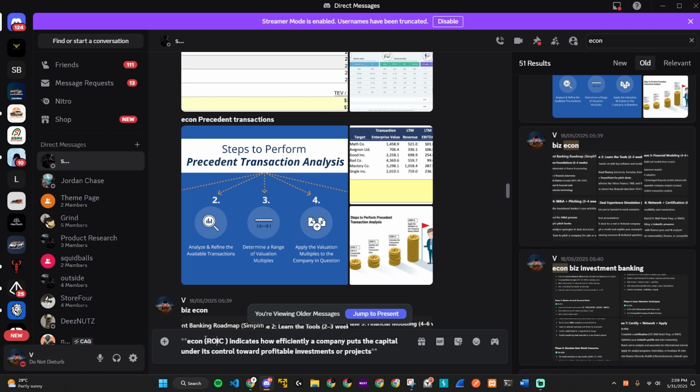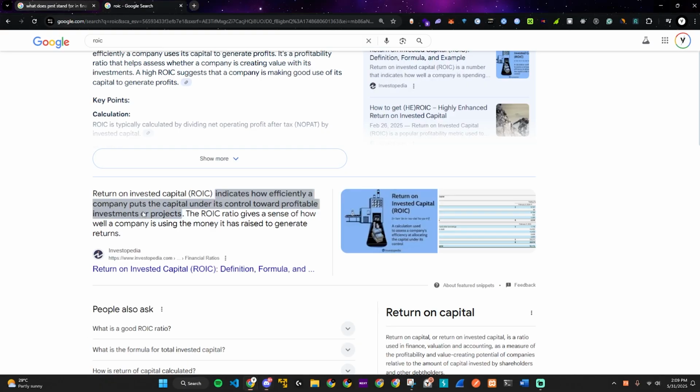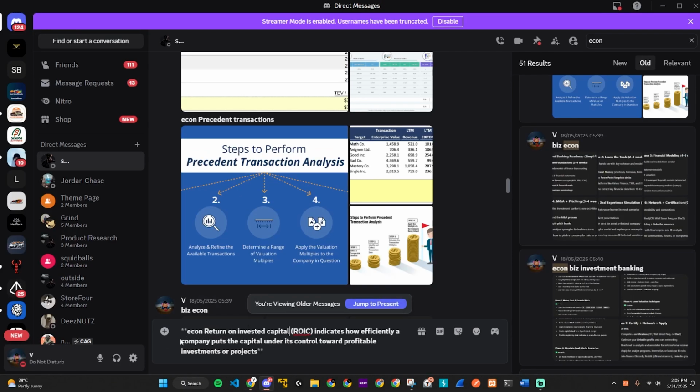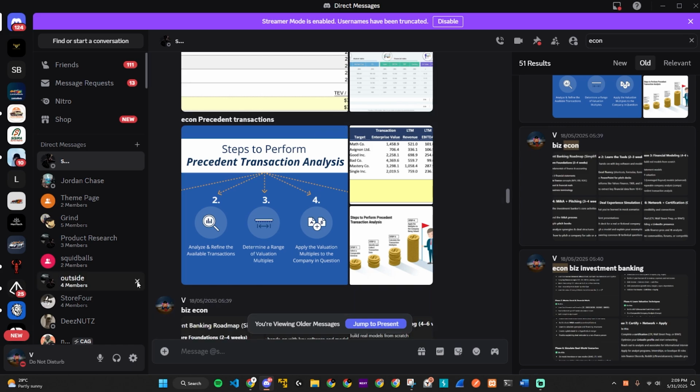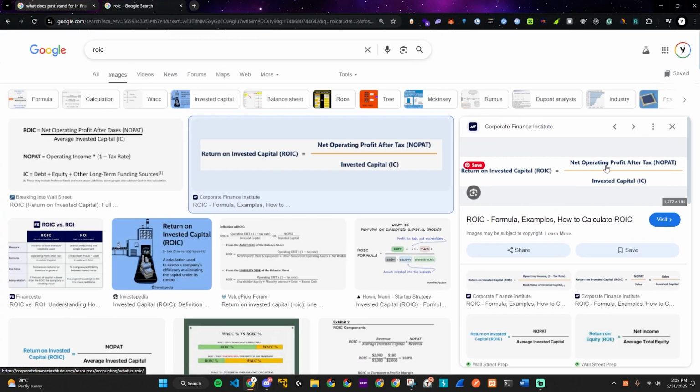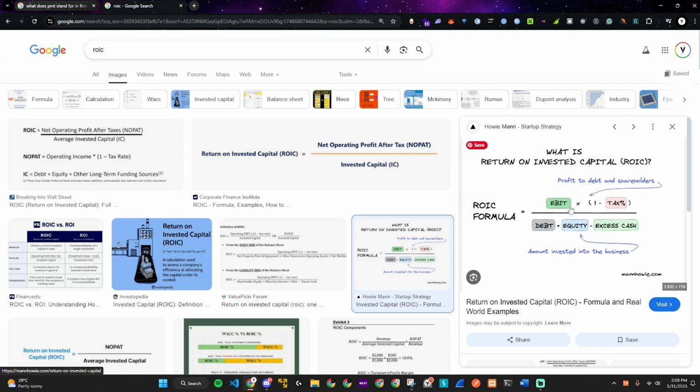So we see return on invested capital. So let's go with that for now. I need to get some examples because that's the way it goes in my head. Net operating profit after tax over invested capital. Right, okay. So this is the ROIC formula.